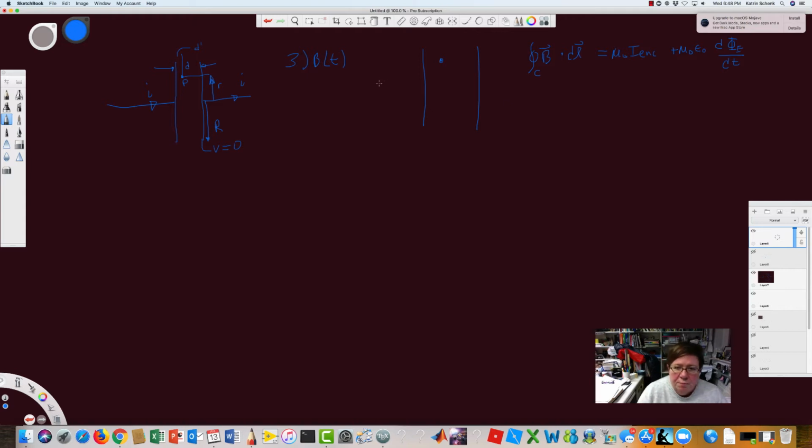Well, remember the setup is, current coming in like this, current coming in like this, the electric field looks like this. So we expect that the magnetic field will be, by right-hand rule, right? We put our thumb in the direction of current, curl our fingers around. Hope you can see me curling my fingers around this way. So the B field's going to point straight out of my face.